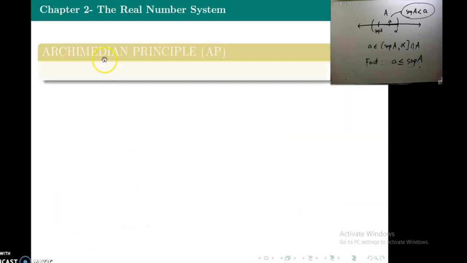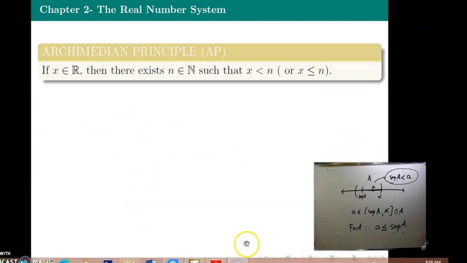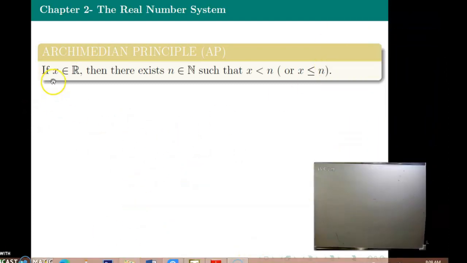Now let's have the Archimedean principle, or AP. So we have here: if x is a real number, then there exists a natural number n such that x is smaller than that natural number, or it could be equal.